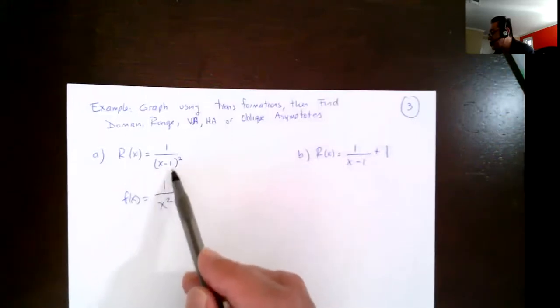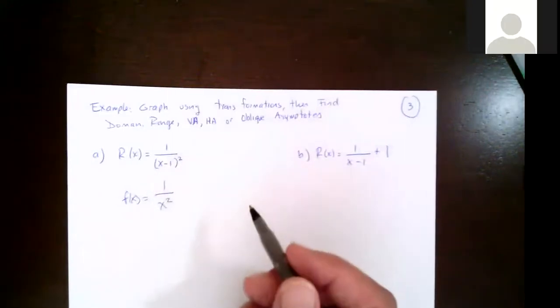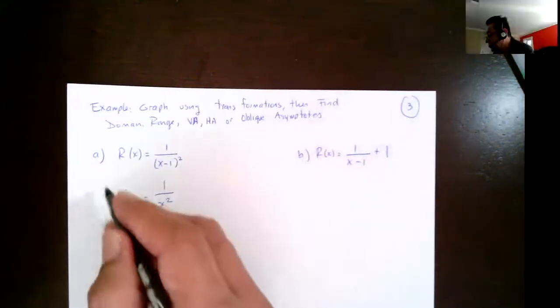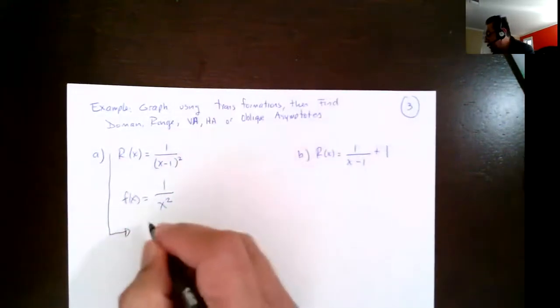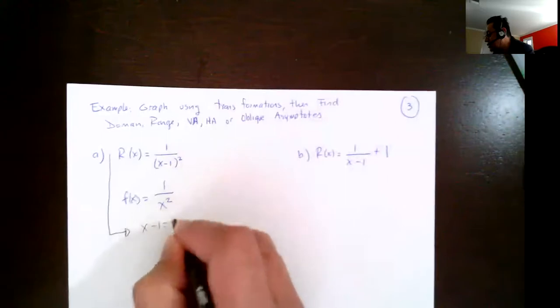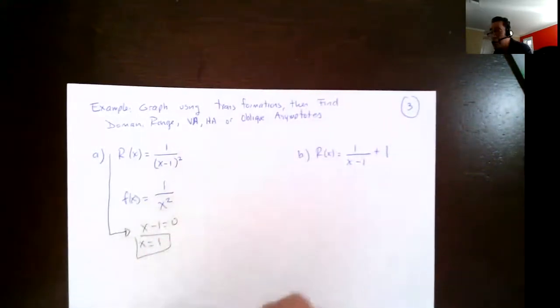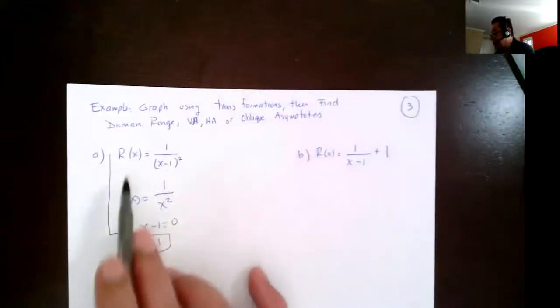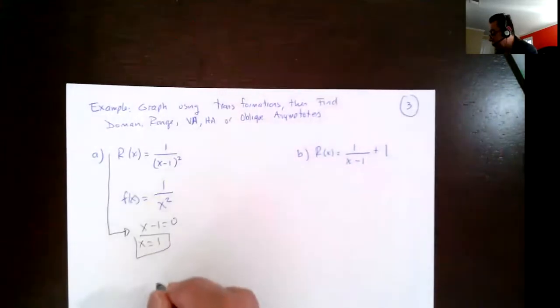Because x minus 1 equals 0, and x equals 1. If I solve x minus 1 equals 0 for x, that tells me the function is shifted to the right 1 unit. So if we want to graph it, this is how the graph is going to look.